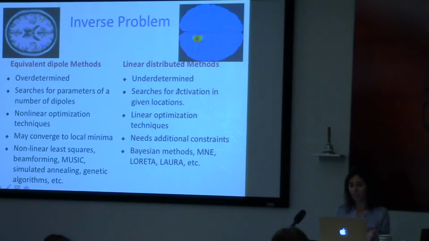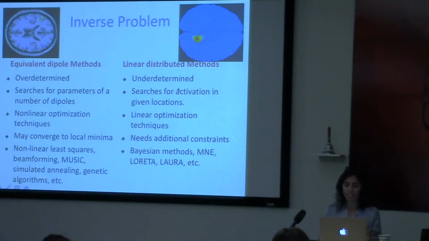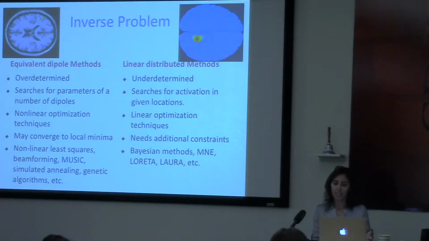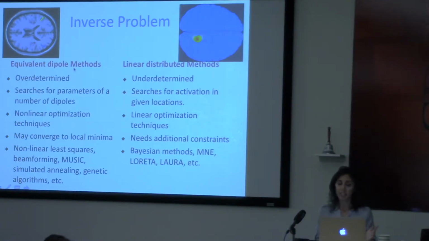So the inverse problem, estimating the sources of scalp recorded electromagnetic activity, has been a subject of research for many years, and many methods have been developed in this area. But we can categorize these methods basically into two groups: dipole parametric methods and linear distributed methods.